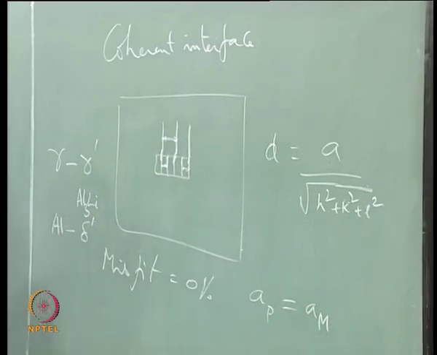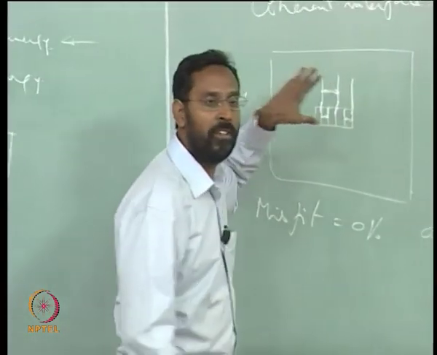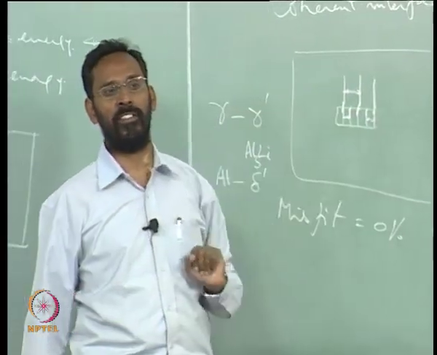and this is exactly similar to something like a dislocation. What is a dislocation? You have an extra plane of atoms below, or an extra plane of atoms above a particular plane. So exactly, you are creating dislocations.